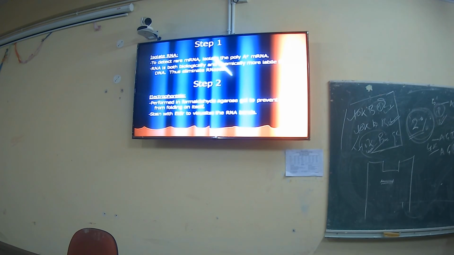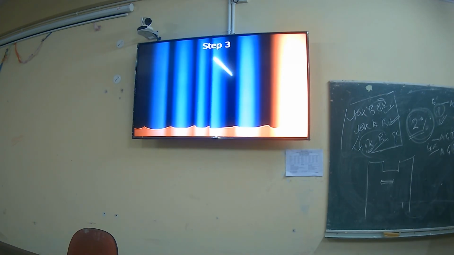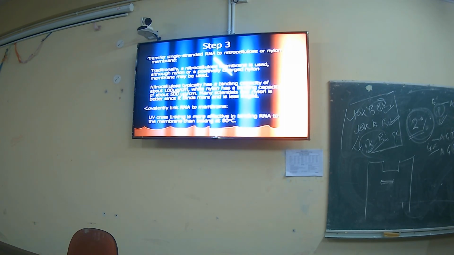So perform this electrophoresis in formaldehyde agarose gel to prevent RNA from folding on itself or making secondary structure. The second part of step 2 is to stain with EtBr to visualize the RNA bands. Ethidium bromide binds on the RNA bands and then you can visualize them. This is your desired gene expression.